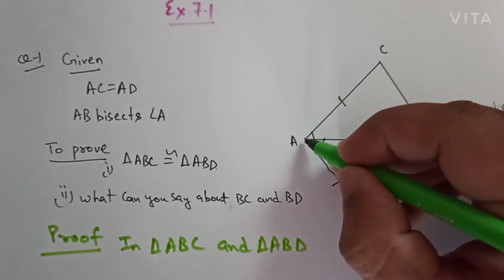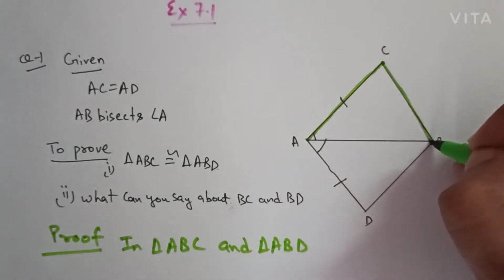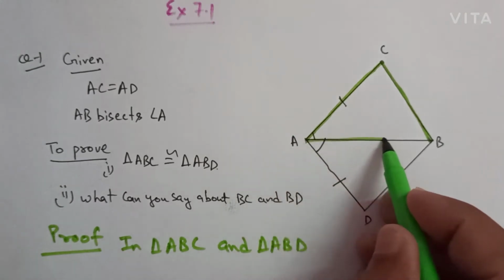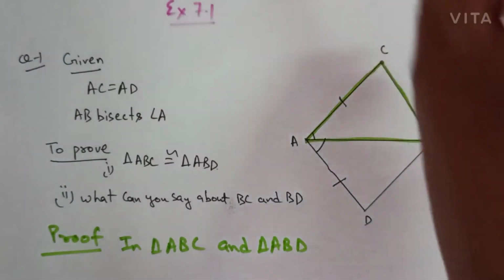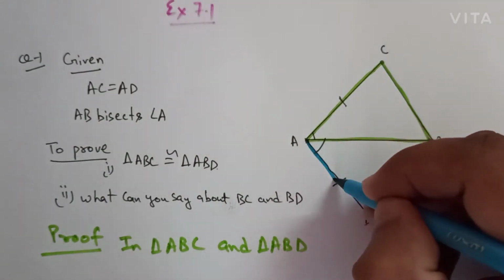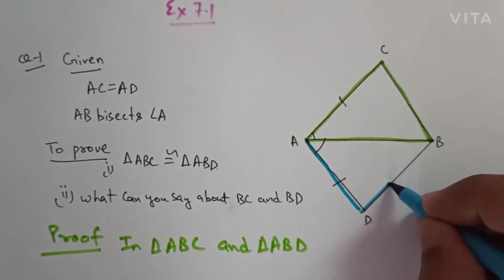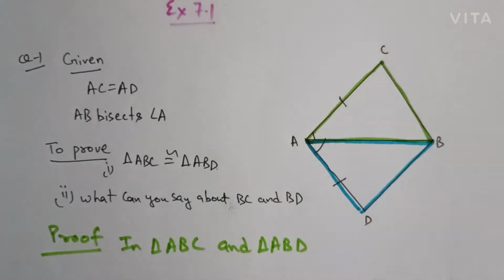So just to make it clear, I am just highlighting the triangle ABC. So this is triangle ABC and the other triangle is triangle ABD. So in these two triangles we have to check the congruency.